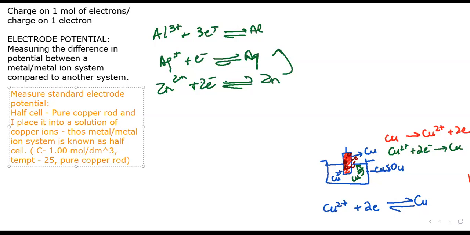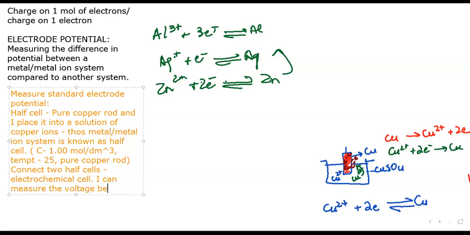Now, if I connect two half cells together, I can make a type of cell we call an electrochemical cell. Then I can measure the voltage between these two half cells.